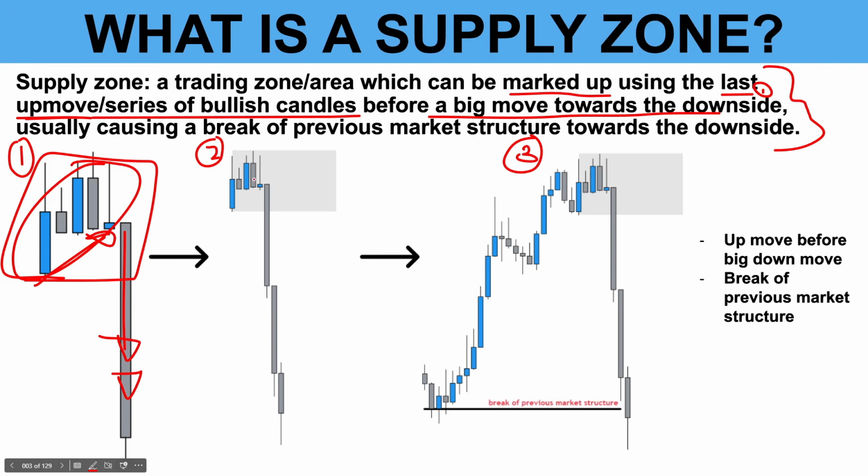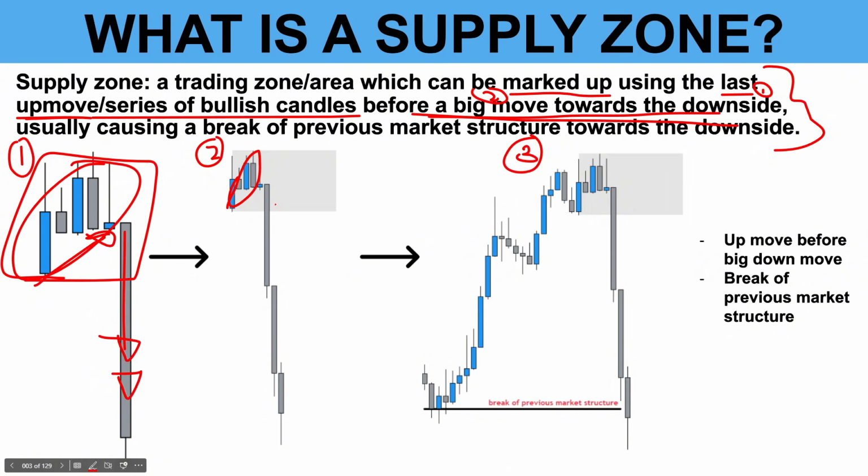Then we move on to diagram 2, which shows us the big down move. So we'll put this as number 2, the big down move, and we also mark up the zone using a box. All supply zones are usually marked up using a box. So we have this gray box, which shows our supply zone, which is again the last series of bullish candles or the last up move before a massive move towards the downside.